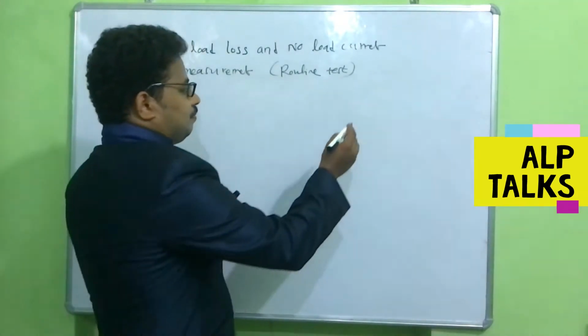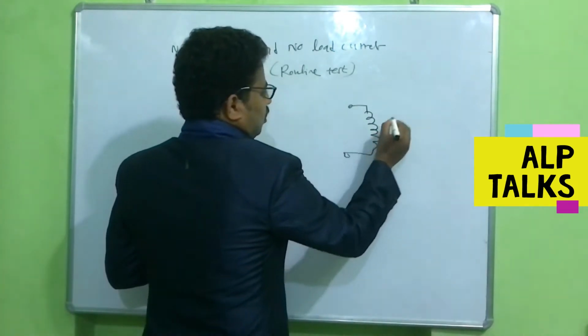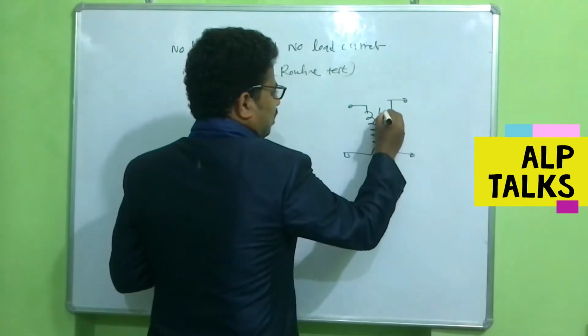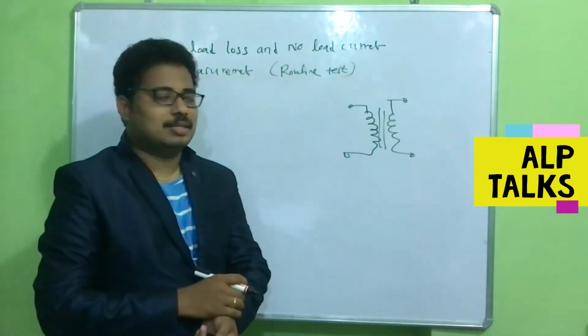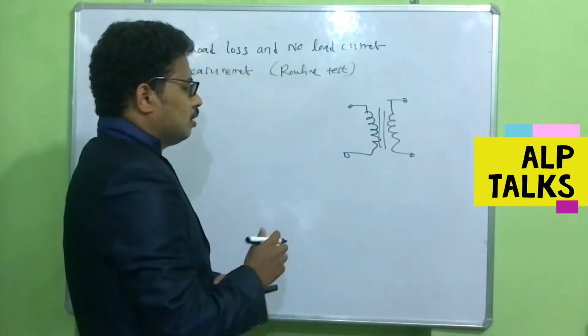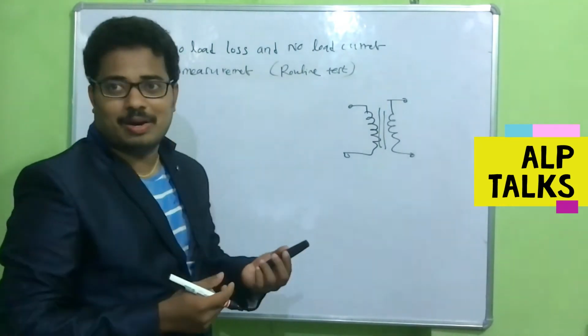For example, say this is the transformer. I'm just trying to draw a representation. These two lines represent the core, the CRGO or amorphous iron core. So how can we measure no load loss and no load current?